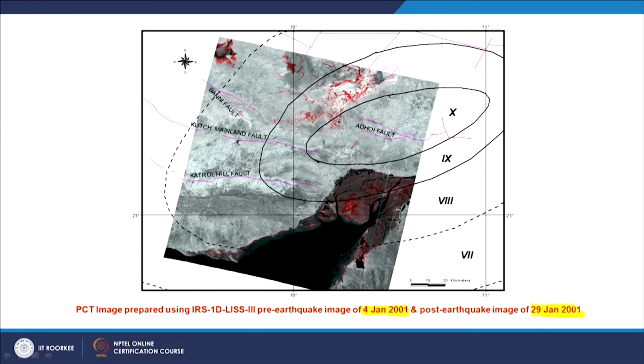So, when we took these infrared channels and assigned red color for pre and green and blue for post, and made the pseudo color transform image, what you are seeing is that all red areas are showing the changes in terms of more moisture or water bodies. This is because of a co-seismic phenomenon which is called liquefaction.